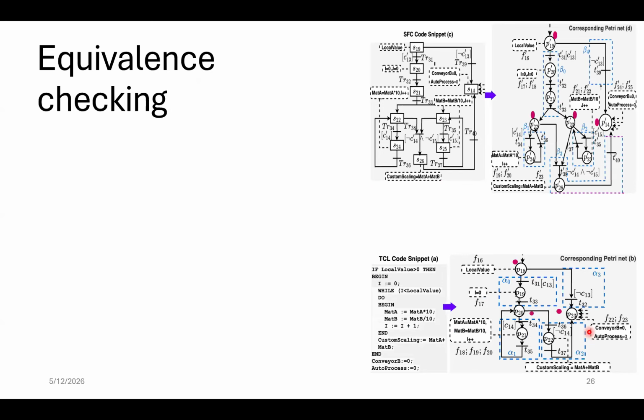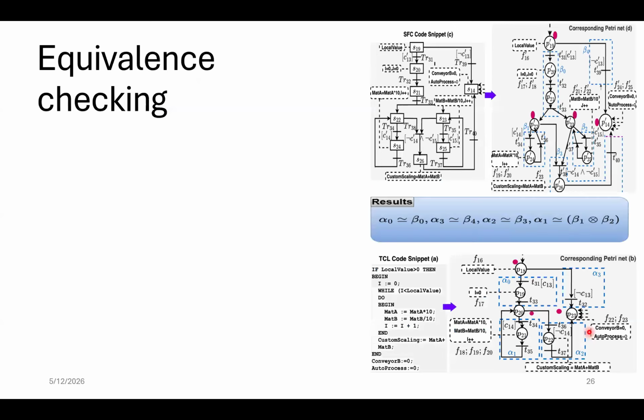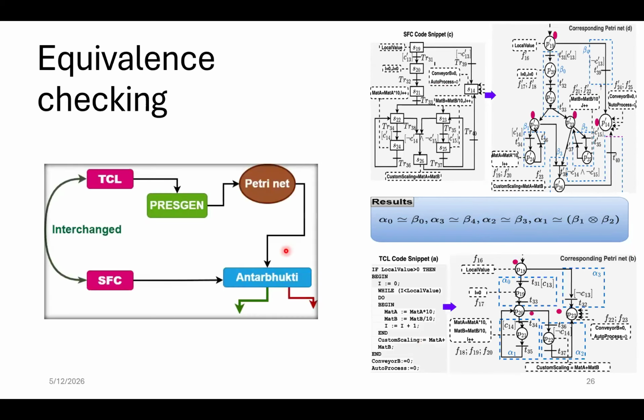So finally, this is the original TCL code. This is the corresponding PECTINET model. This is the migrated SFC, and this is the corresponding PECTINET model. And the blue color box indicates that that is the equivalent. So we can use the tool Antarbhukti for this, because Antarbhukti is doing the containment check.